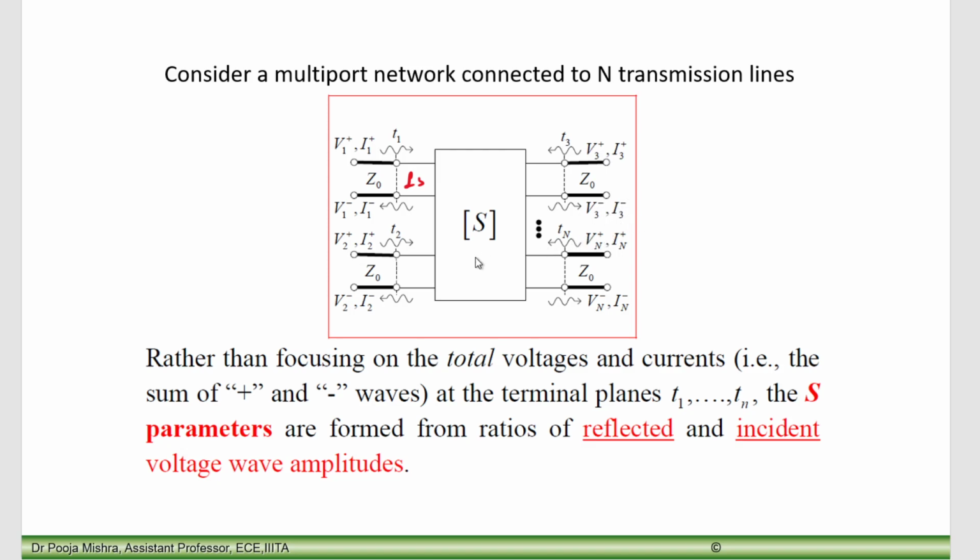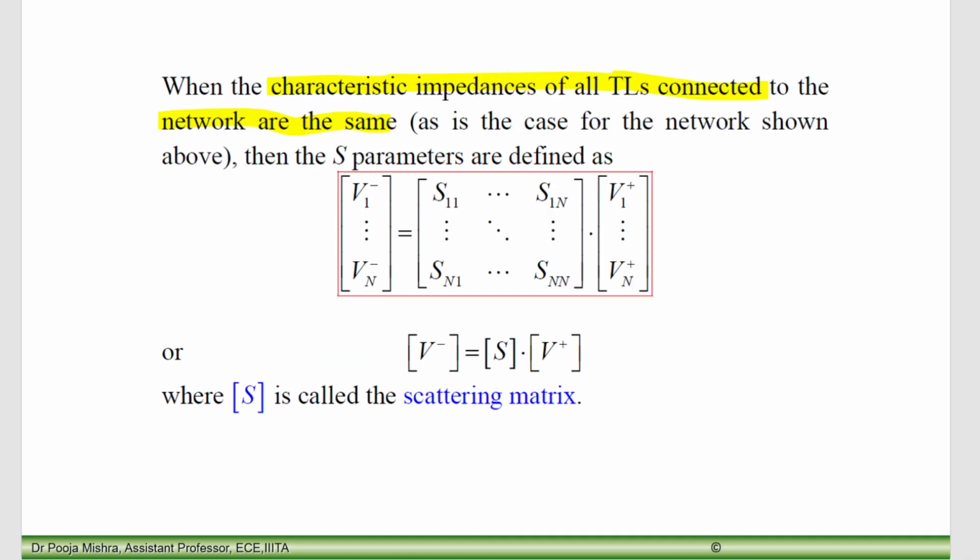So this S parameter is formed by the ratio of the reflected and incident voltage amplitudes, like this. Consider that all the n transmission lines have the same characteristic impedance Z0.